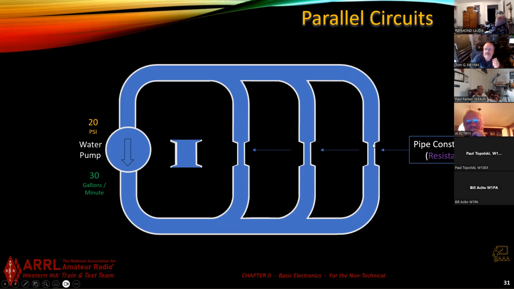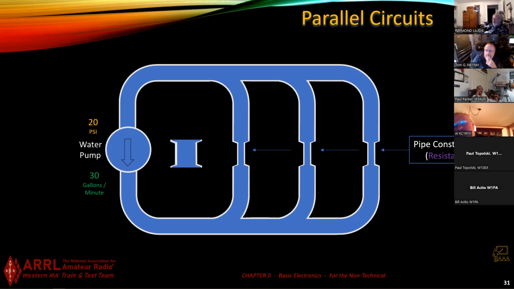Almost like thinking backwards. It's a little bit of a mind bender, but if you think about it in terms of passages and you put more passages together, it's easier to get through. It's a bigger passage. So if you wanted to allow more current to flow between those, each one of those pipes or channels or whatever, you put them in parallel.